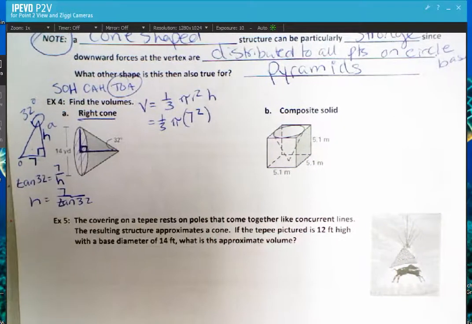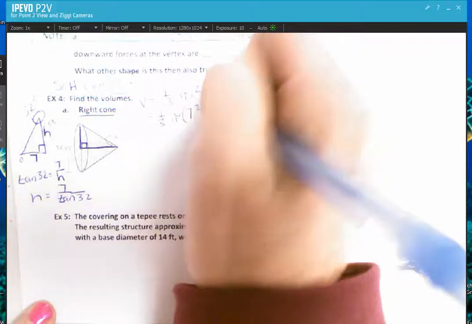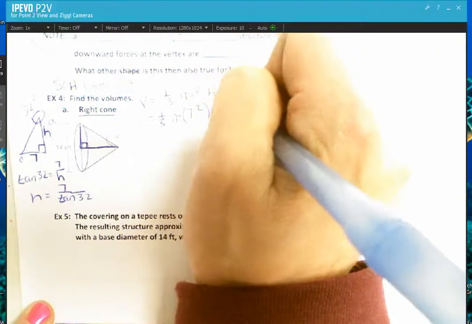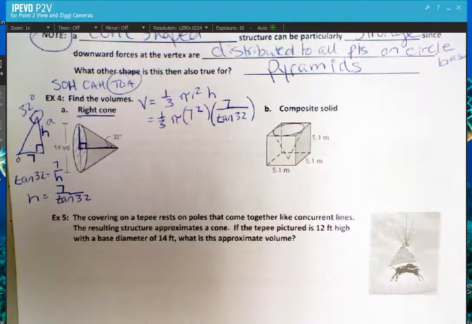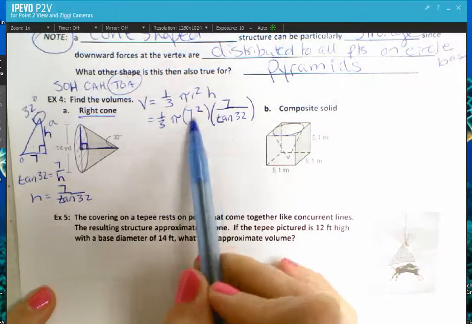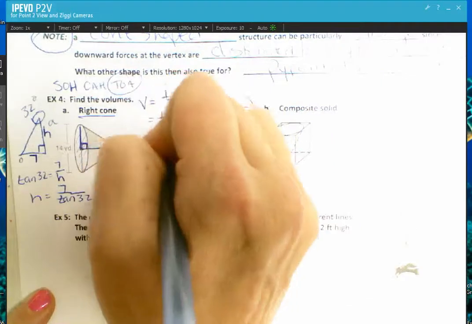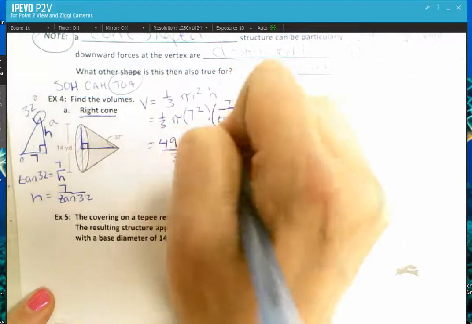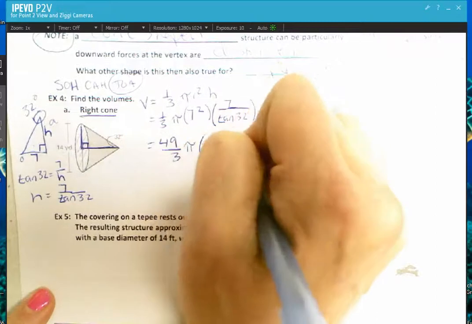Now remember, don't simplify at this point. Put it into the equation. And then simplify as we go. So we've got 1/3 times 7 squared. 7 times 7 is 49. So I'm going to simplify that first. I got 49 over 3 pi, still times 7 over tan 32.